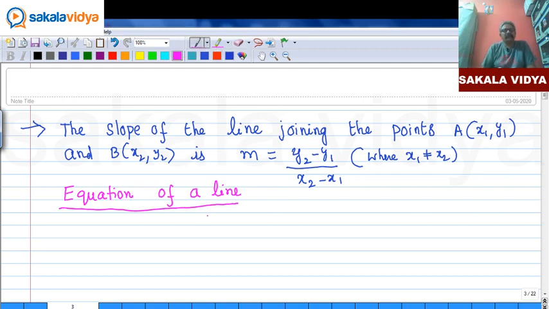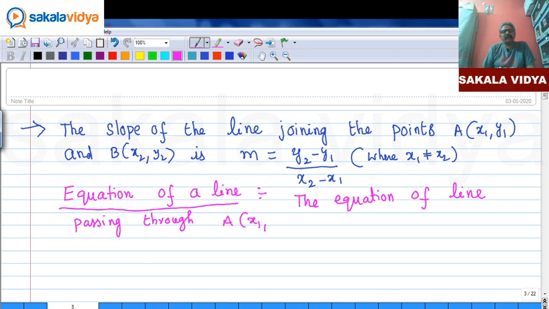For example, the equation of a line passing through A (x1, y1) having slope m is given by y minus y1 equals m into x minus x1.